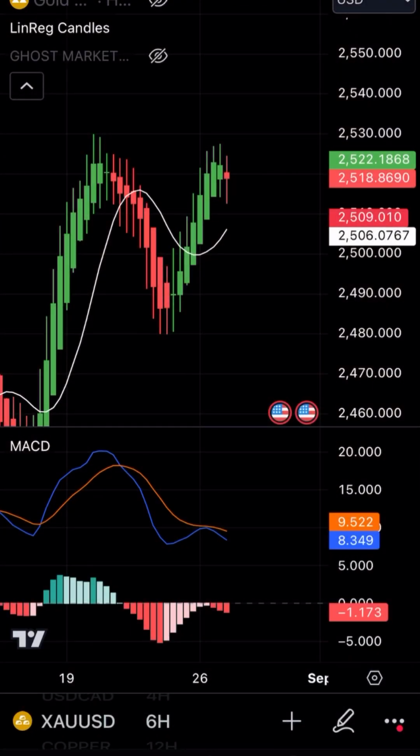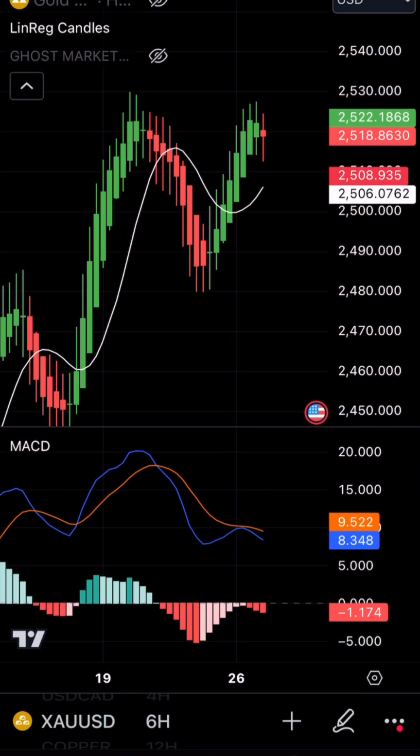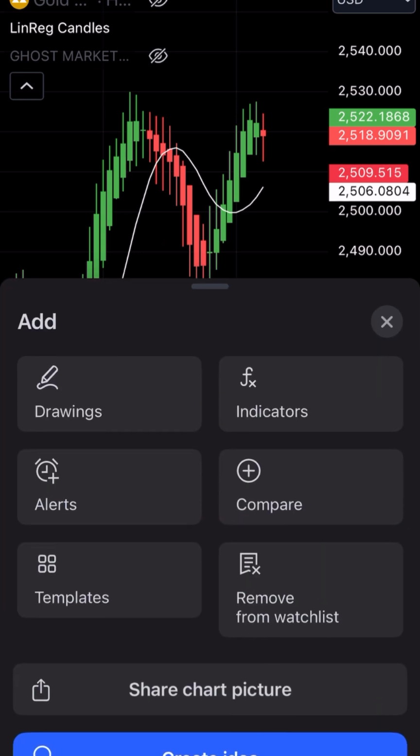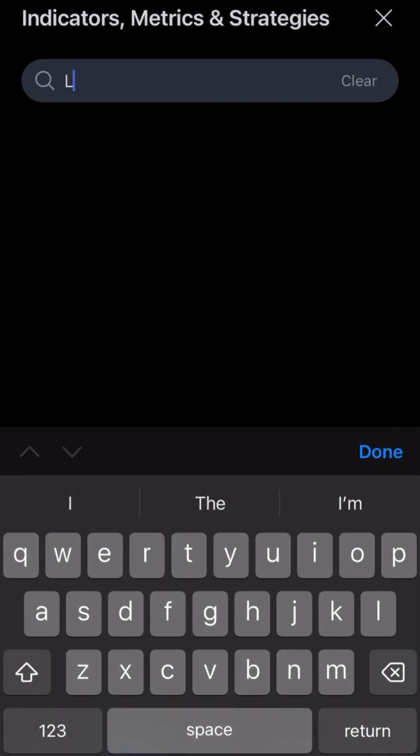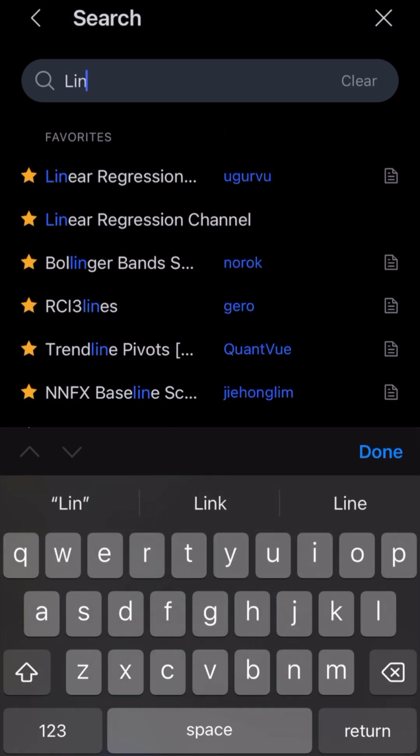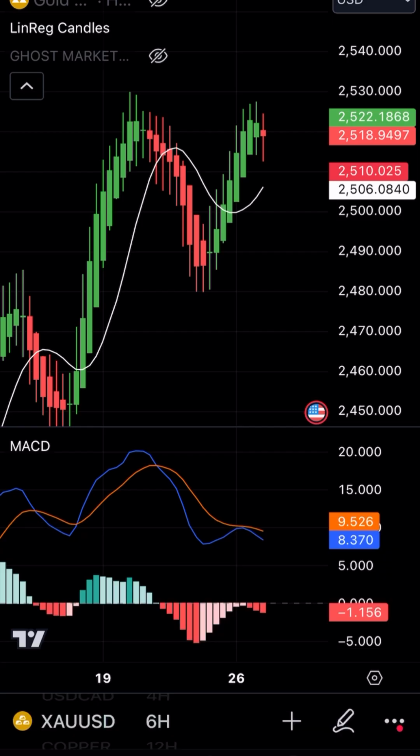Okay, so the first thing you want to do is load up the indicators. For this strategy, I have the linear line strategy and MACD. To get the linear line, you just have to search for linear regression. That's the top one here. It's going to be linear regression candles.